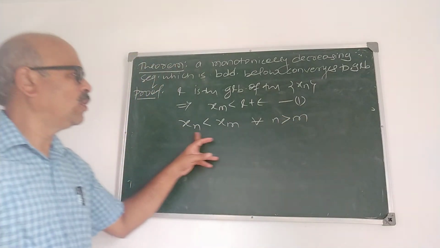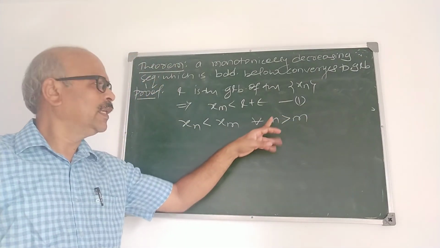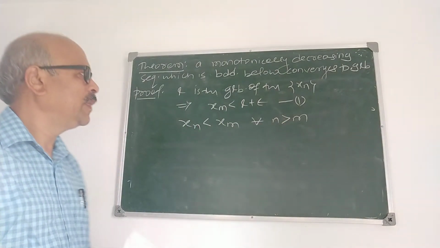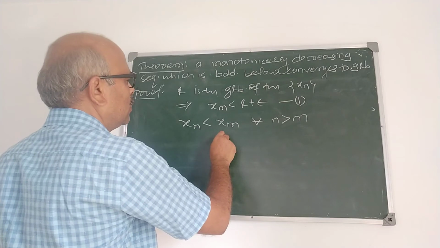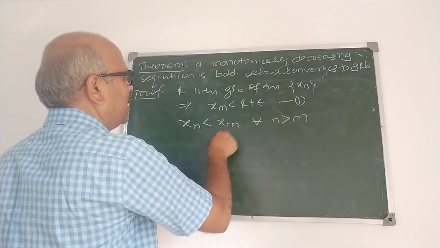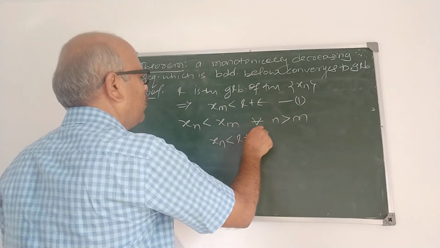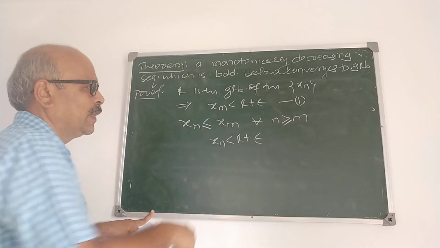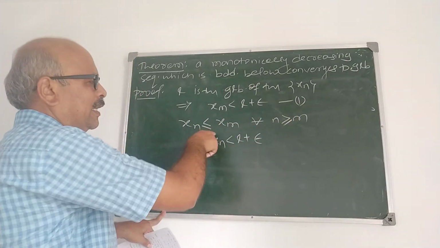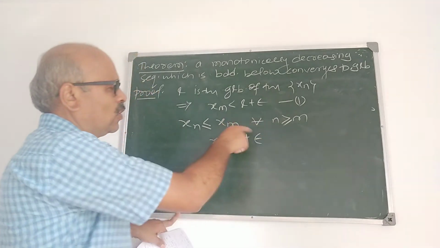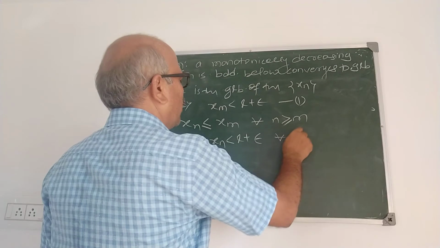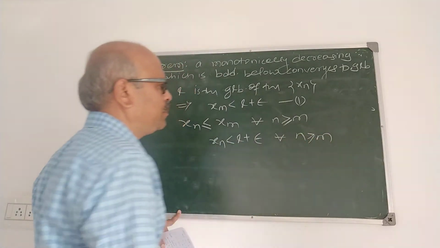Now what do you mean by monotonically decreasing sequence? Decreasing means xn is less than or equal to xm for all n greater than m. It is not strictly decreasing, it is only monotonically decreasing. Now use these two, you will get xn less than L plus epsilon for all n greater than or equal to m.